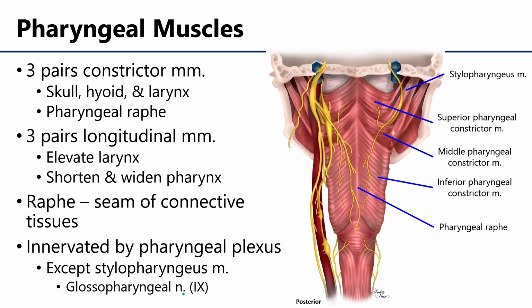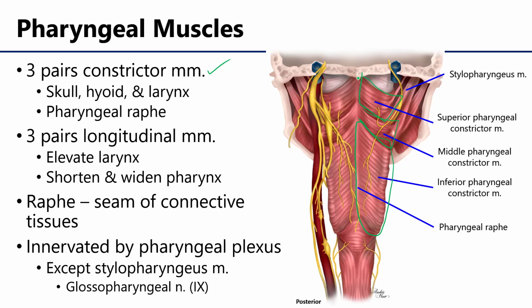But we have two sets of muscles that are comprising this. The bulk of the wall is comprised of three pairs of pharyngeal constrictor muscles that nest one within the other. So here we can see that's the superior pharyngeal constrictor, there's the middle pharyngeal constrictor, and then here is the inferior pharyngeal constrictor muscles.